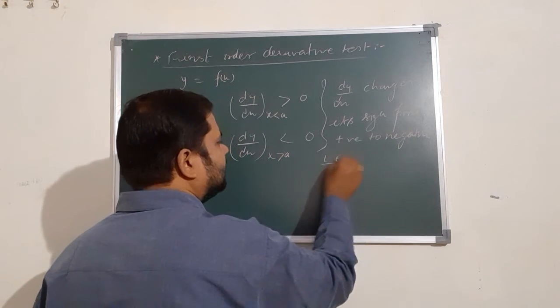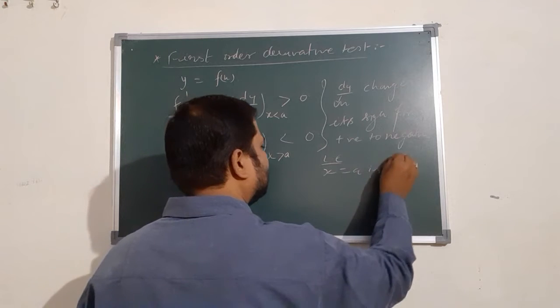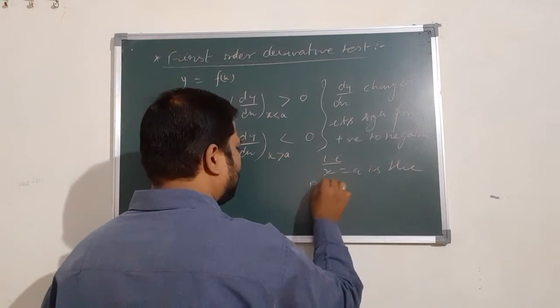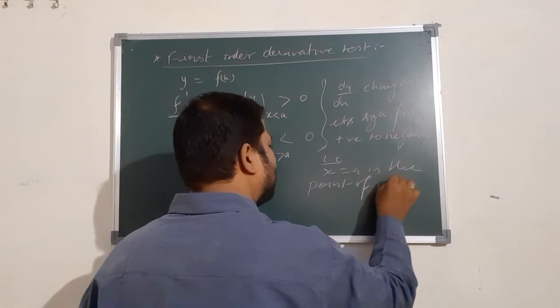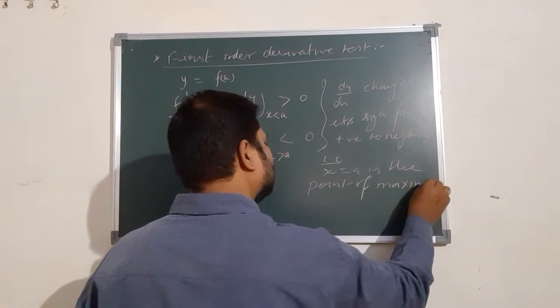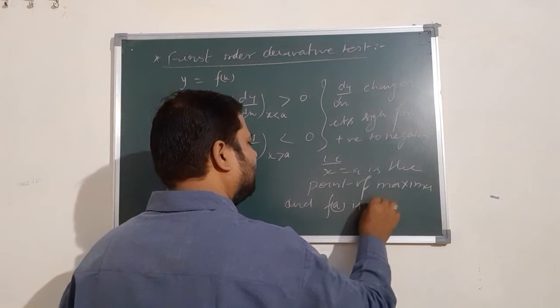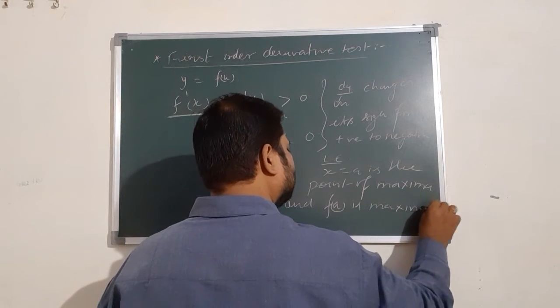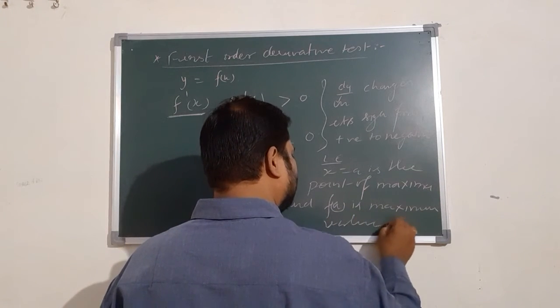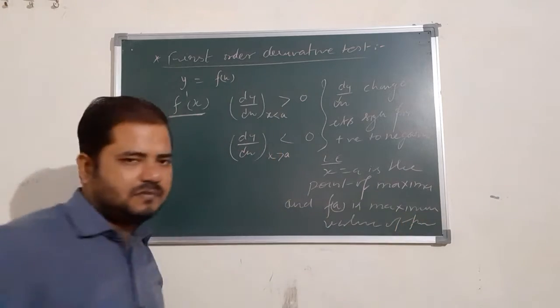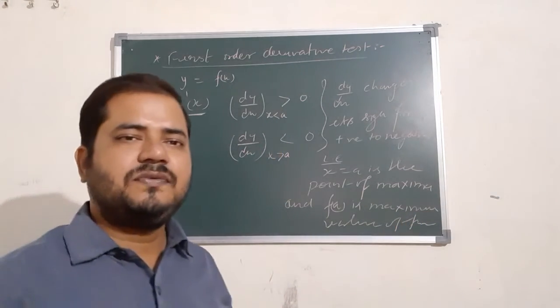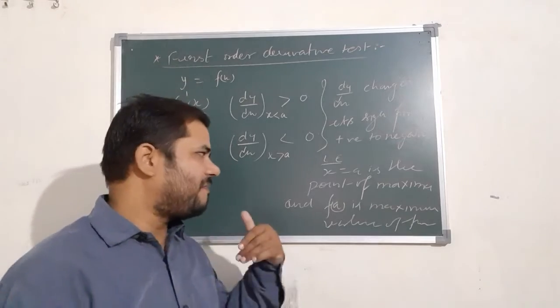That is, x is equal to a is the point of maxima and f(a) is the maximum value of the function. Okay, so this is the first order derivative test for maxima.